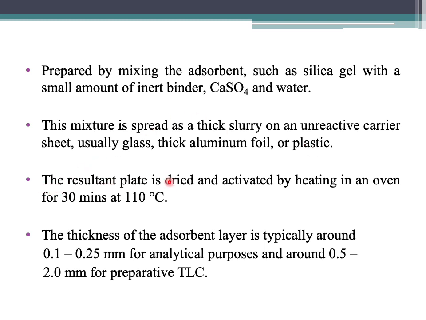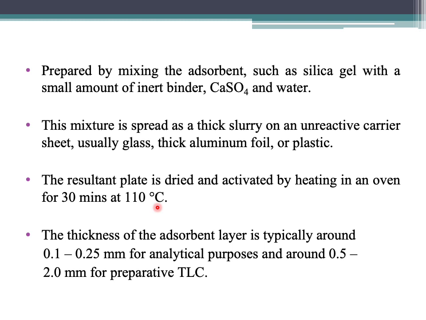So the resulting plate is dried and activated by heating in an oven for 30 minutes at 110 degrees Celsius. Okay, after kita spreadkan dia, jangan lupa untuk kita masukkan dalam oven. Tujuan kita masukkan dalam oven sebab tadi kita dah mix absorbent tadi dengan air, dengan calcium sulfate. So dia basah. So kita kena pastikan dia kering sebelum kita gunakan dia, kita masuk dalam mobile phase.